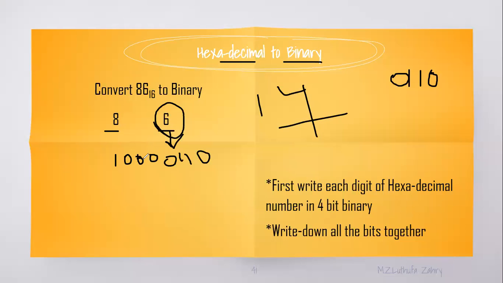You needn't add any zeros, it's already in 4-digit format. So combine this together from left to right, 0 1 1 0 1 0 0 0. Clear? This is going to be equal to 86 base 16 equals, sorry, I have changed the side, base 2 equals 01101000. Clear? Okay, that's easy.